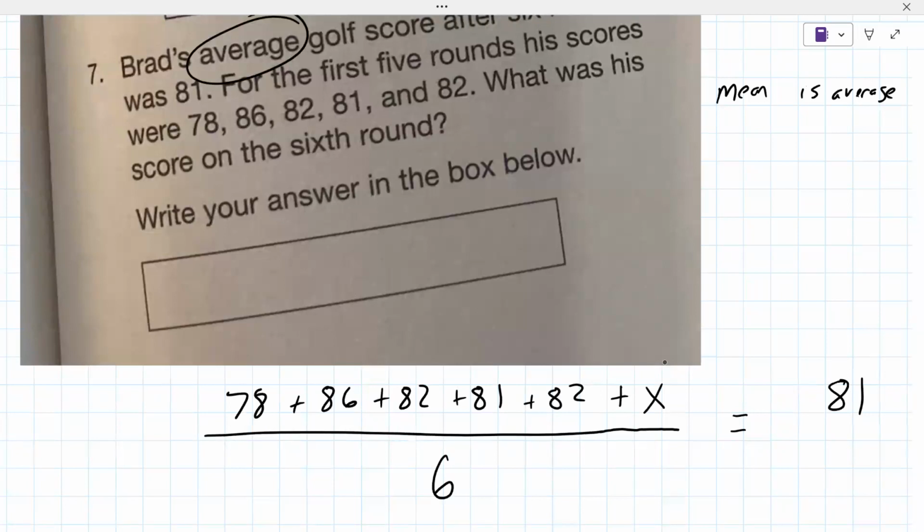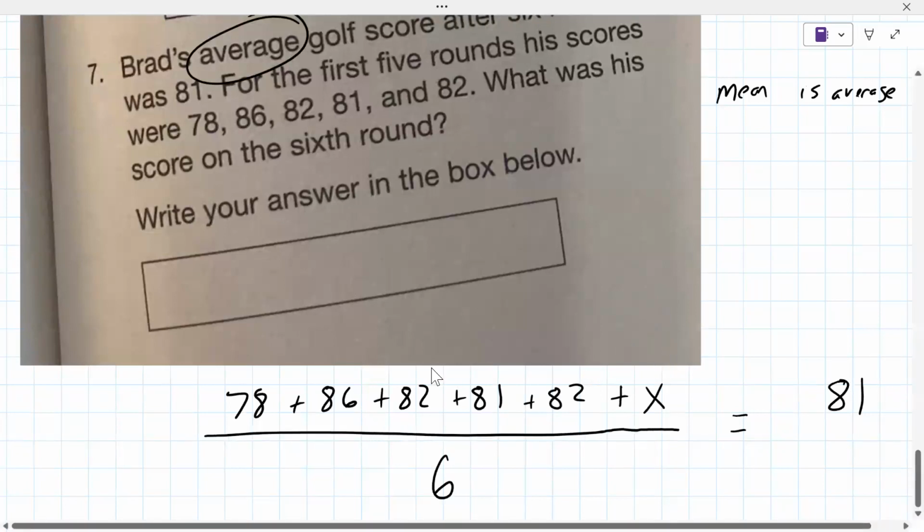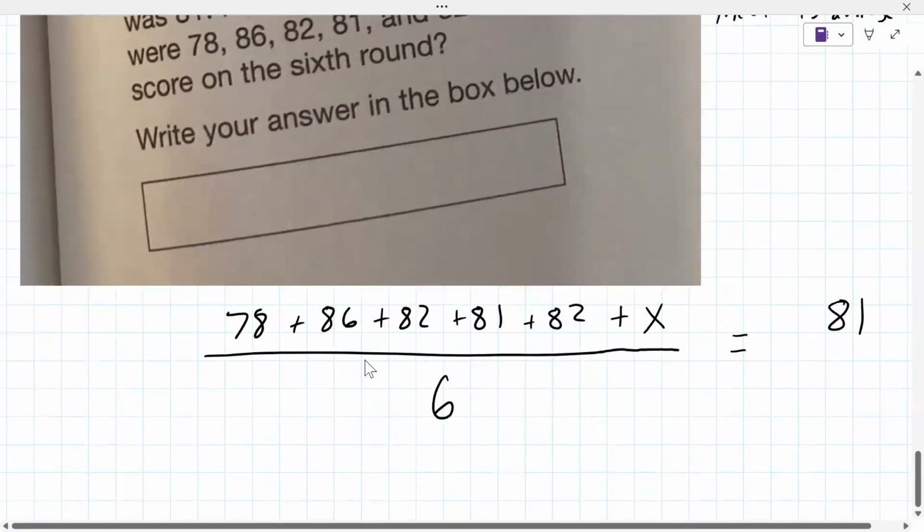Okay, so there's a couple of ways to solve this. The way that's going to be best for you is kind of what you started to do. It's to add up these numbers here. Could you add up those 5 numbers for us, please?